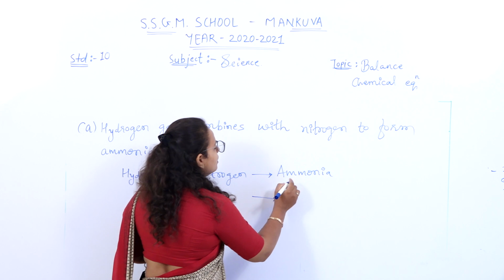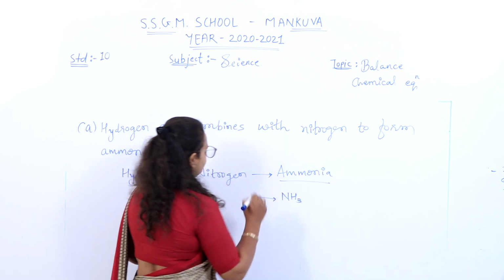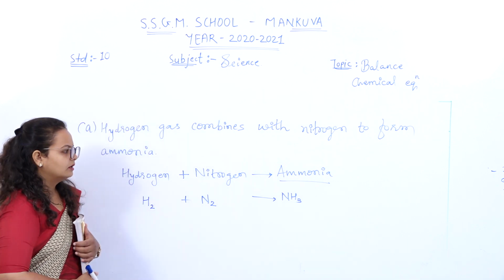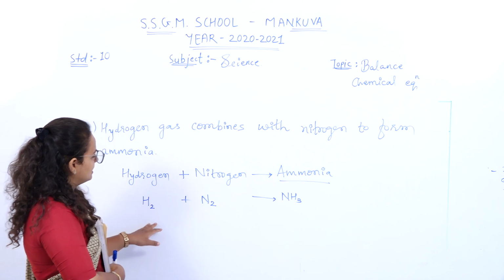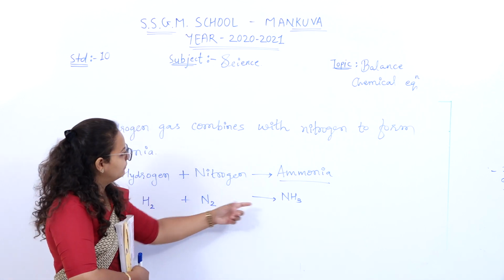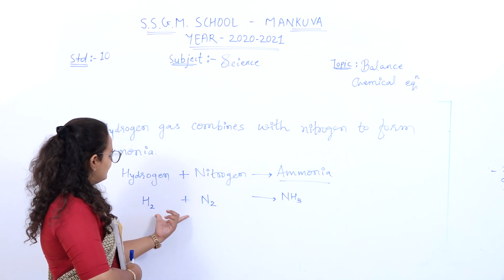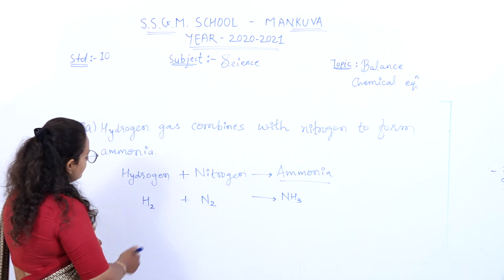The symbol of ammonia is NH3. This is the second step, the symbolic equation. Here you can see two reactants, one product. Before the arrow, the left hand side, are reactants; after the arrow, the right hand side, are products.